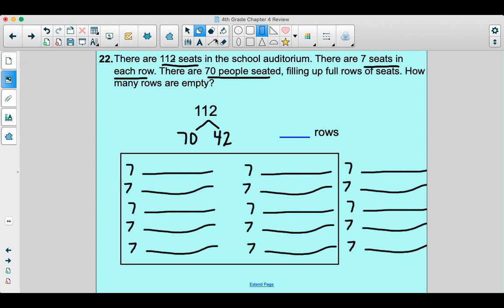The rest are empty, right? So we still have 42 more people to go. 7, 14, 21, 28, 35, 42. So these are the 42 people that still need to be seated. So there are how many empty rows? Let's check it out. 1, 2, 3, 4, 5, 6. 6 empty rows.